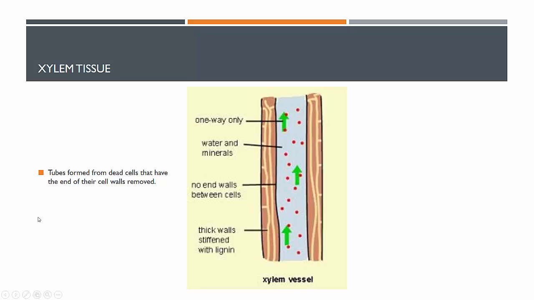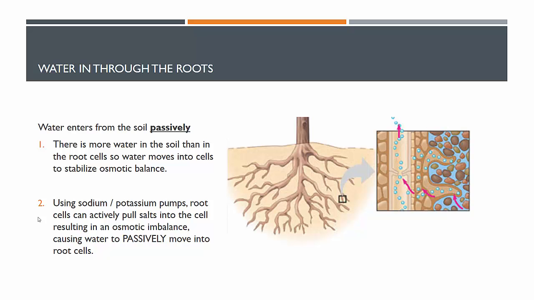Alright, so that's xylem. So we're going to talk about water in the roots. If there is lots of water in the soil and there's not much water in the plant, the sheer osmotic imbalance will cause water to move into the root cells.